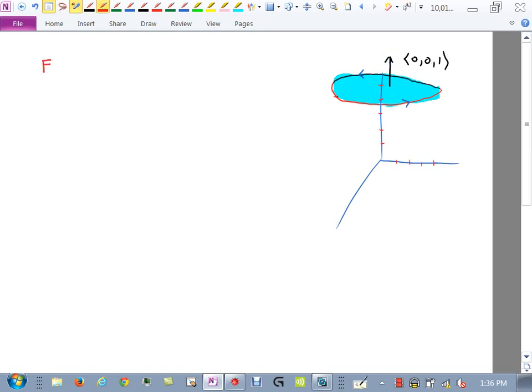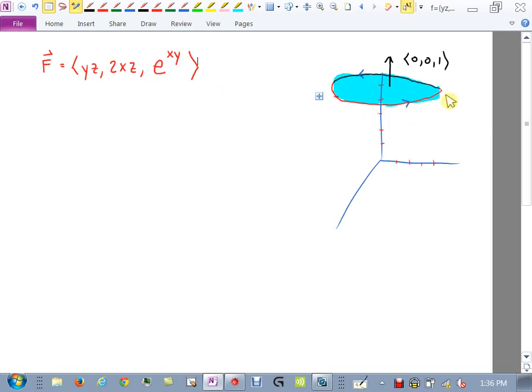Our vector field initially was yz, 2xz, e to the xy, right? Correct me if I'm wrong because I'm going off my own notes here. Let's just appreciate this.